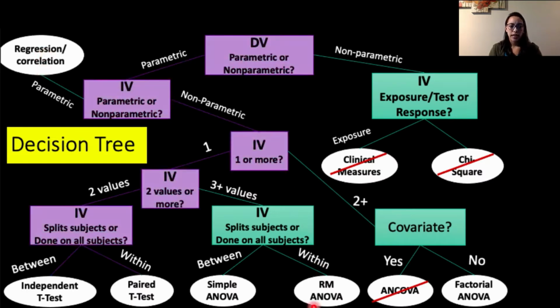For this week and pretty much all the weeks after exam 2, we're dealing with a parametric dependent variable and a non-parametric independent variable. So that's this section here of our flowchart. And the non-parametric variable, remember, would be a nominal variable for the case in this class.